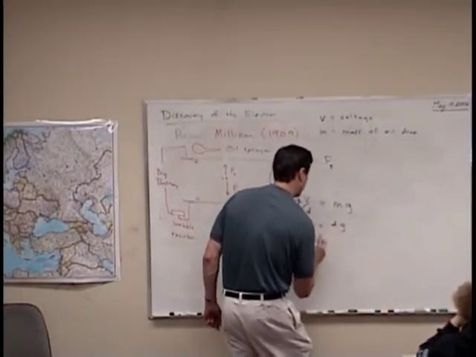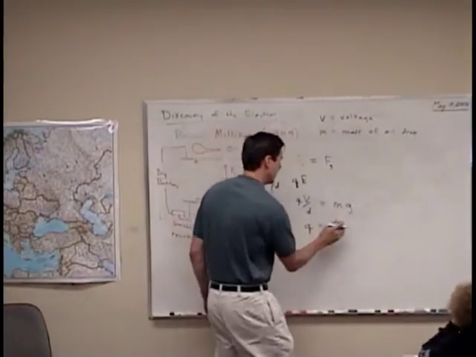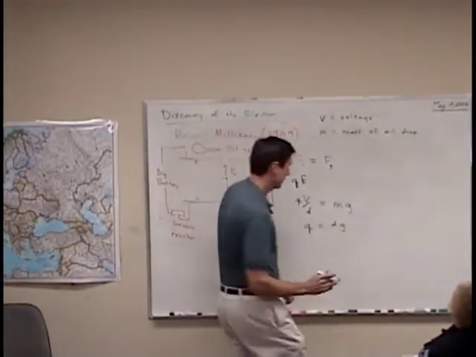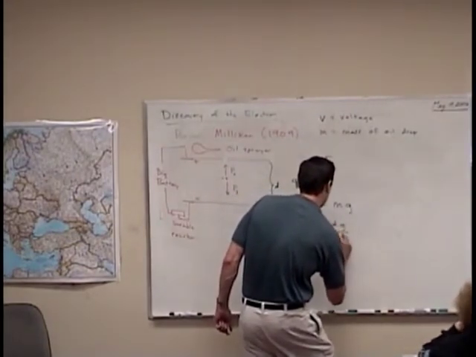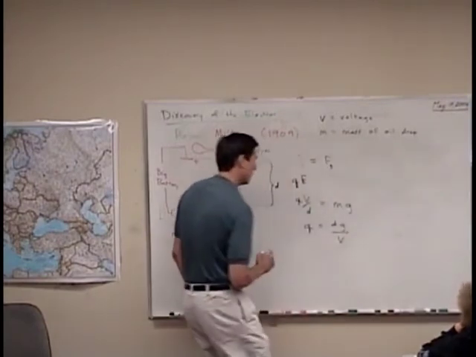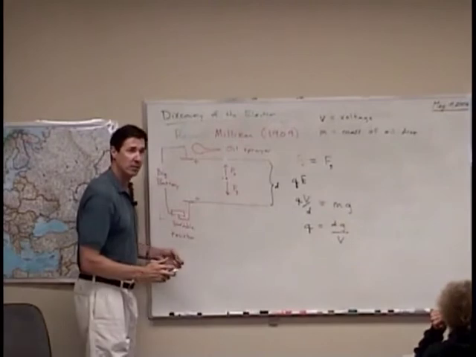D is easy to measure, right? You just pull out a ruler. G, we know, Galileo told us, 32 feet per second squared. Divided by the voltage, that's easy enough. We know what voltage our battery is.